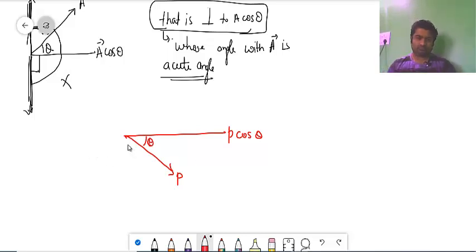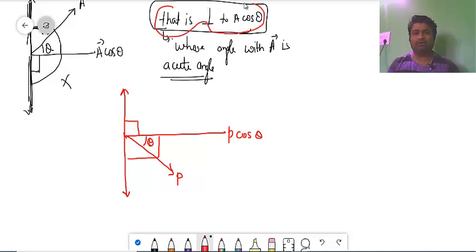But look here. Now which perpendicular should I choose? Choose this one or this one, because both are making angle 90 with the P cos theta, and we have to choose that line which is perpendicular to P cos theta. Now let us see which one I need to choose.